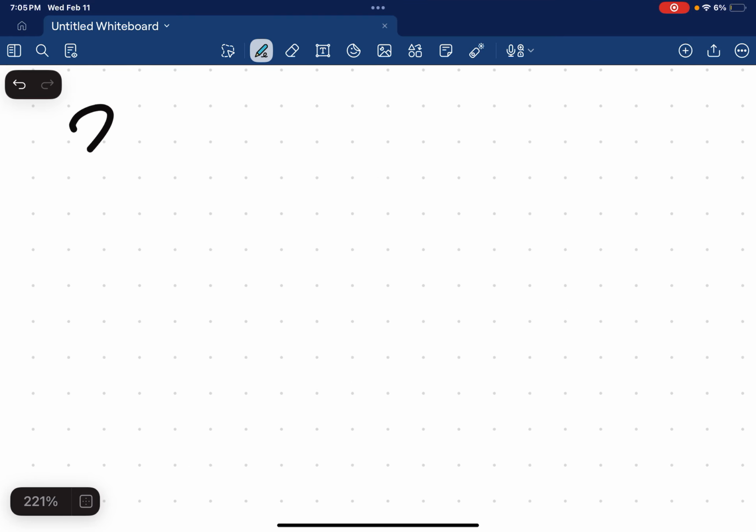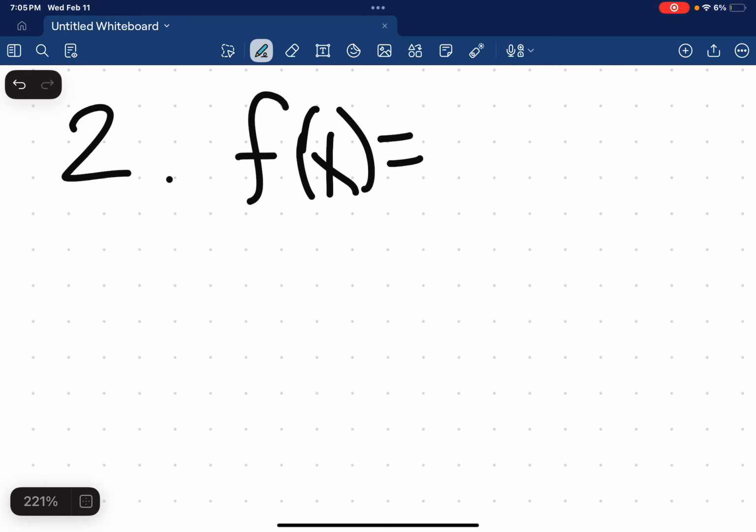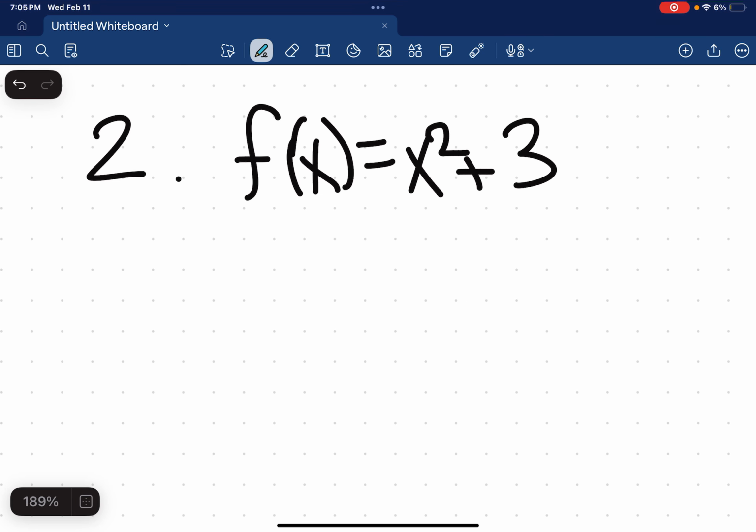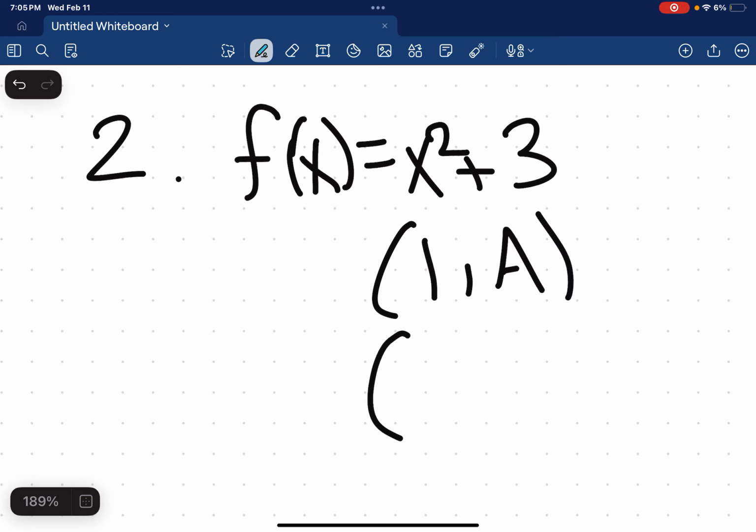So let's go on to 2. Question 2 says that A and B are two points on a graph, and this graph is f of x equals x squared plus 3. The x coordinate of A is 1, and the x coordinate of B is 1 plus h.